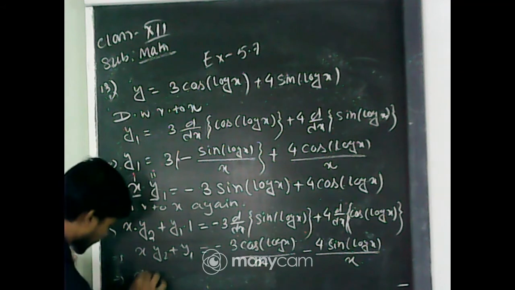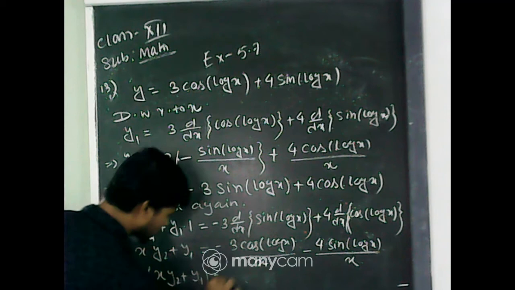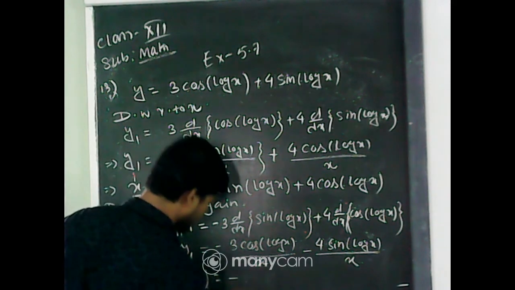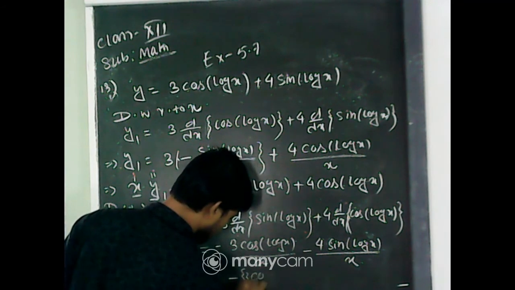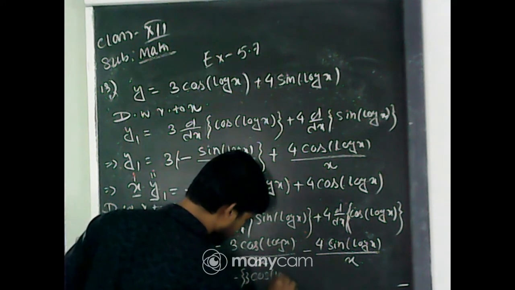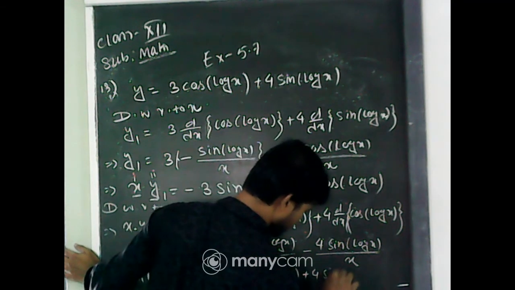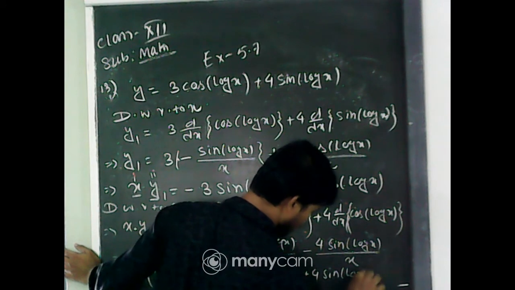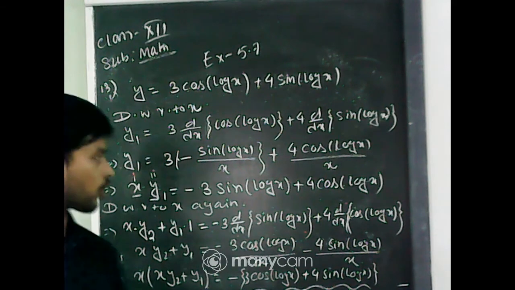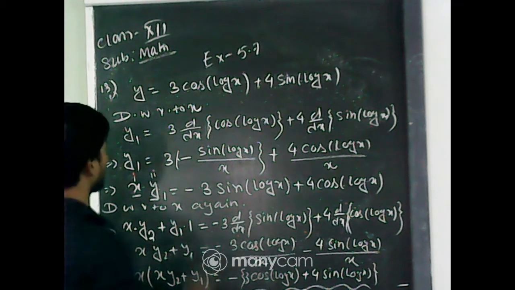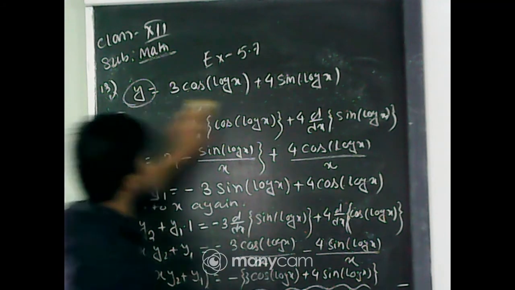So it will be x into (x y2 plus y1) equal to minus, if I take minus 1 common, (3 cos of log x plus 4 sine of log x). And look, this expression 3 cos of log x plus 4 sine of log x is actually y. So in place of that, just put y.